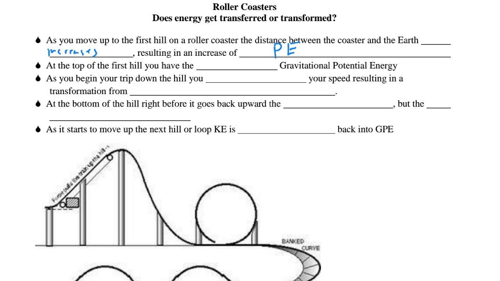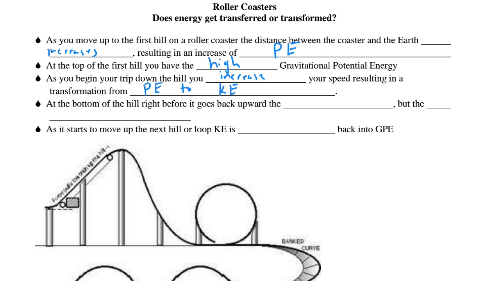At the top of the first hill, you have high gravitational potential energy. As you begin your trip down the hill, you blank your speed, so increase your speed, resulting in a transformation from potential energy to kinetic energy.